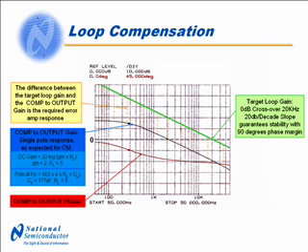If we plot the power stage gain characteristics shown as comp to output and also draw a target loop gain, we can see the desired characteristics of the compensation network as the difference between these two. Selecting an overall loop gain with a slope of minus 20 dB per decade ensures a stable loop with 90 degrees of phase margin.